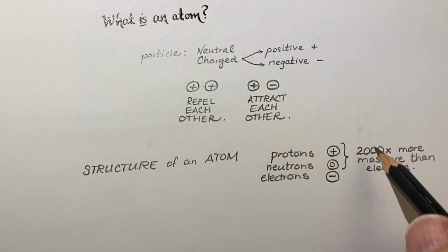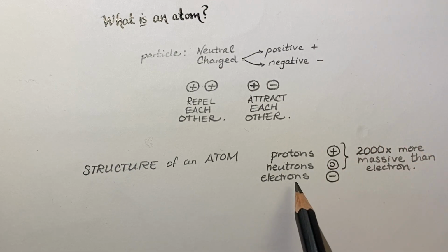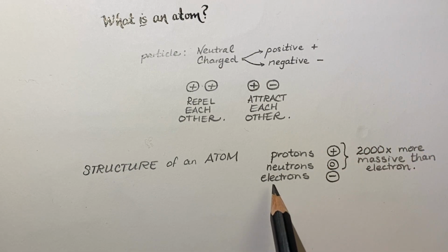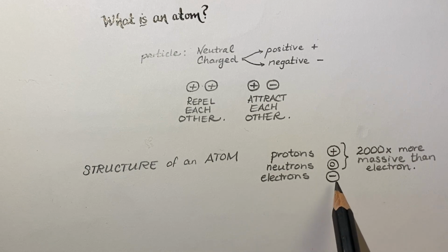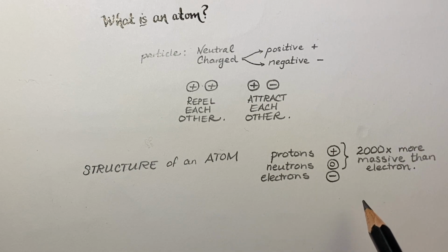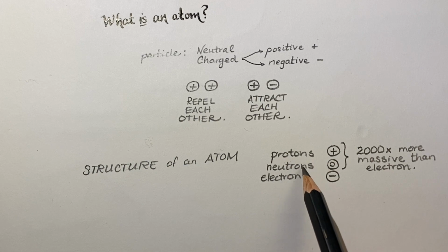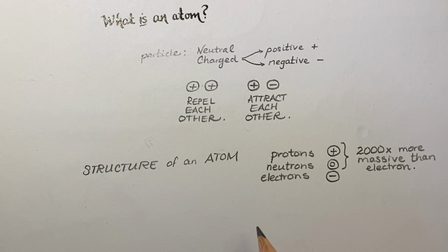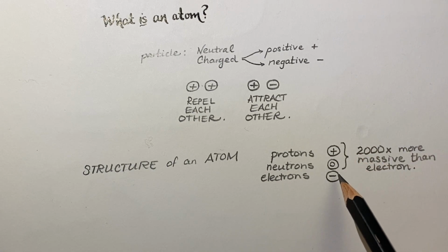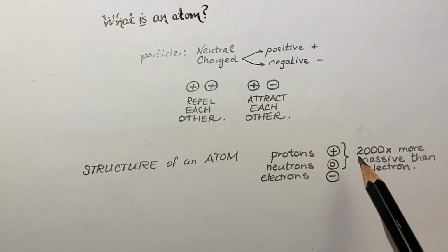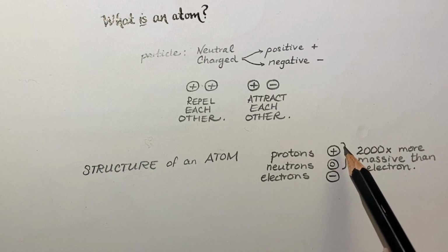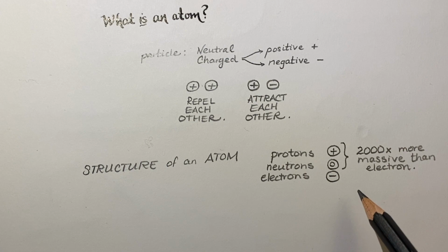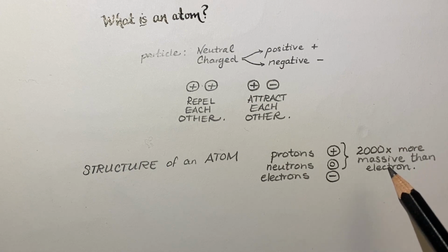Okay, so these are quite large, and comparatively speaking, electrons are tiny. So these are the three components of an atom. Okay, so now the question is, where are they? And how is it relevant that we have these positive and negative charged particles?